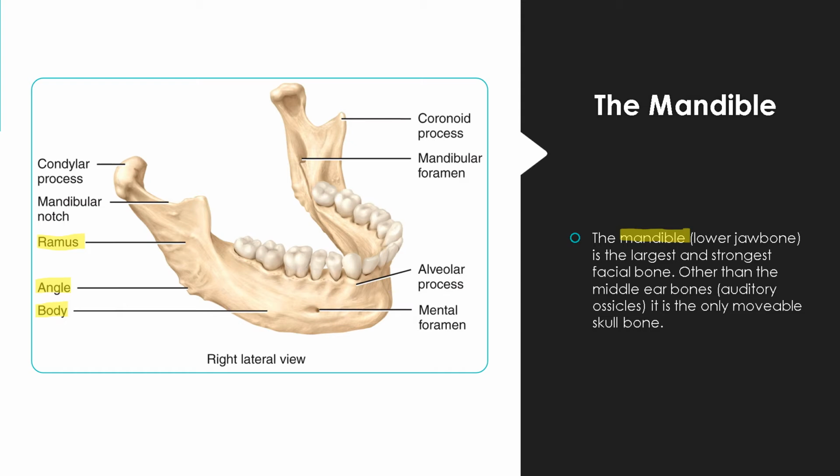Now each ramus has a posterior condylar process. You can see that here, a big protuberance there. And this condylar process articulates with the mandibular fossa and the articular tubercle of the temporal bone to form the temporomandibular joint.